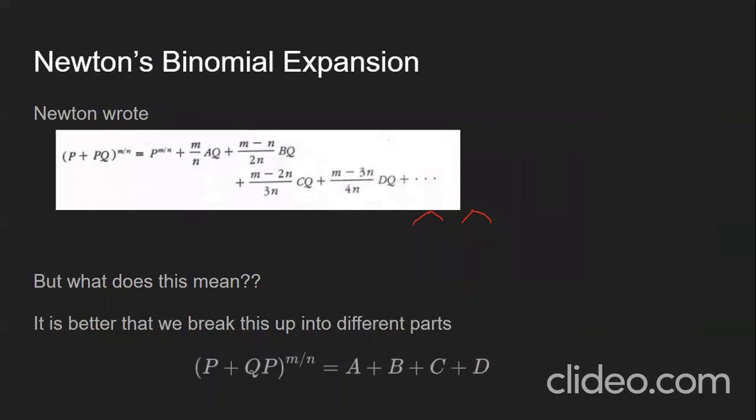So that was his starting equation, and I didn't really know what this meant until I really broke it down. So instead of being scared, look at A plus B plus C plus D. This is essentially a sequence, there's a pattern happening here.